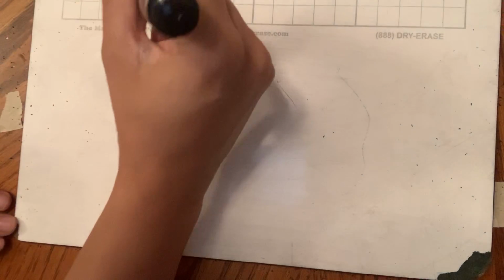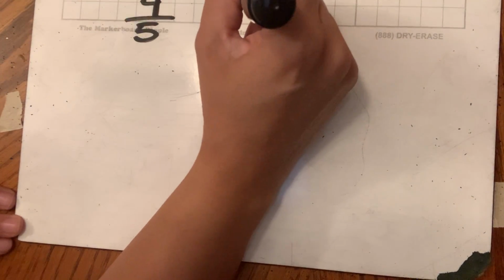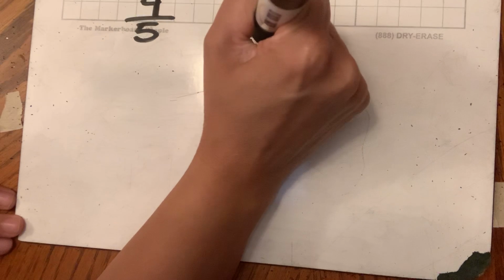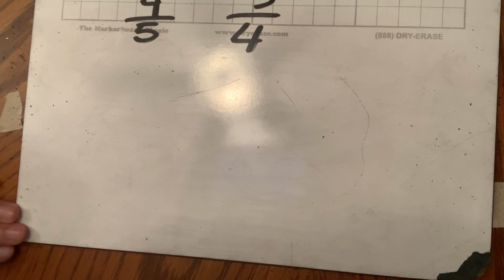So it says for B, it looks like we have to compare 4/5 and 3/4. Now, it looks like they already started our area models for us.